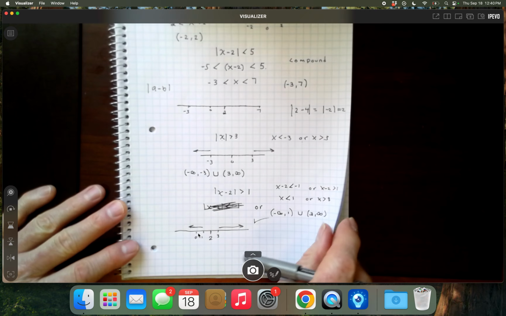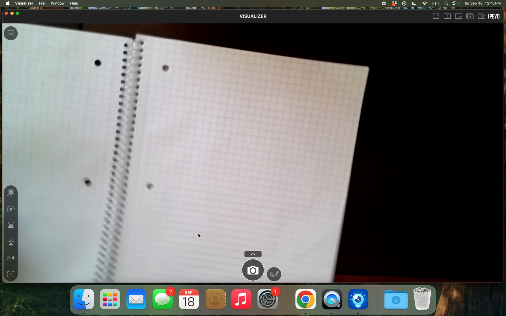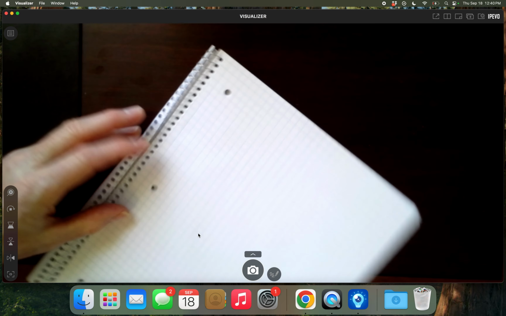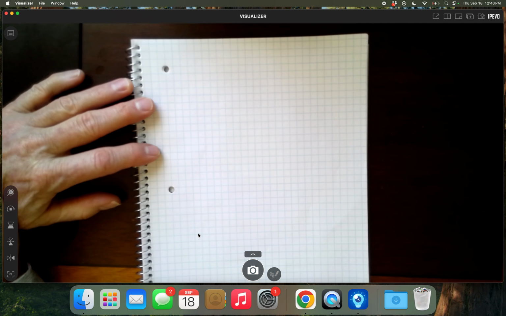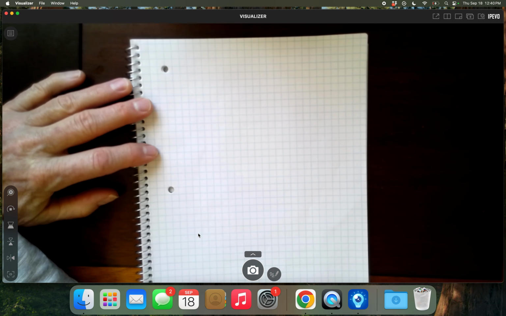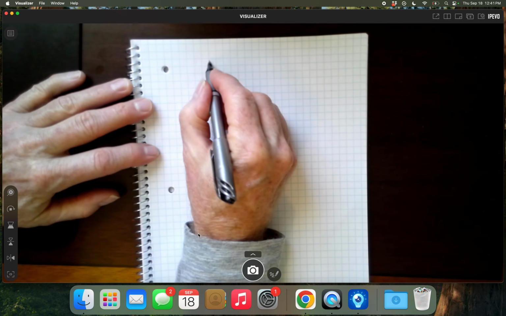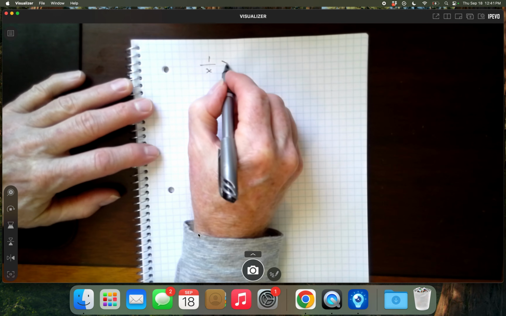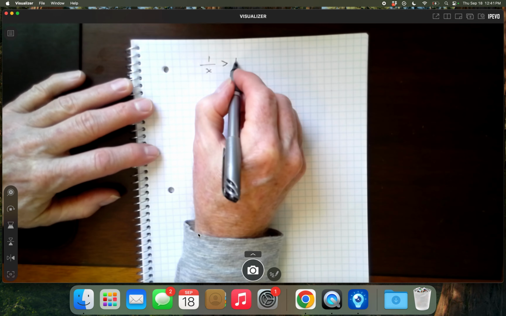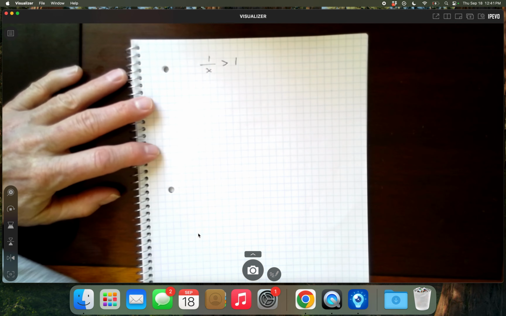Now, one last thing with inequalities. Everybody usually says, okay, I understand, multiply both sides by negative 1, you have to switch it. But notice this. Suppose I say 1 over x greater than 1, and we ask you to solve that.